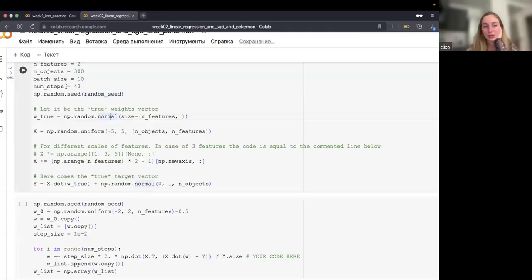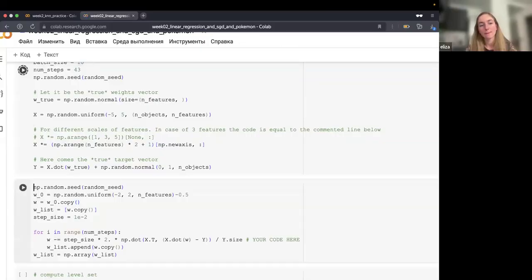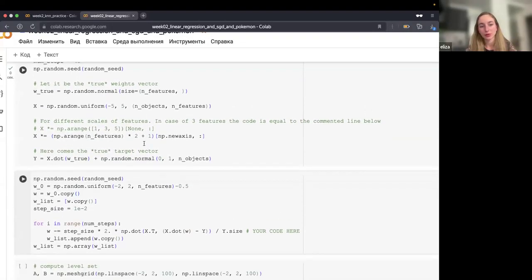Num steps in gradient descent is the number of iterations in your algorithm, and batch size is for stochastic gradient descent, which will come later. Generate our data.